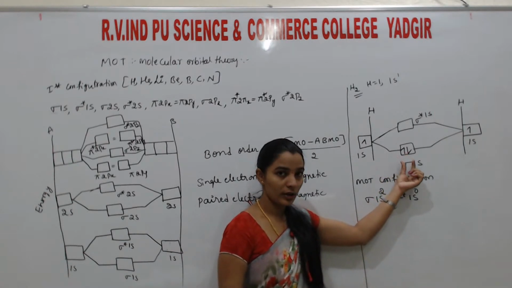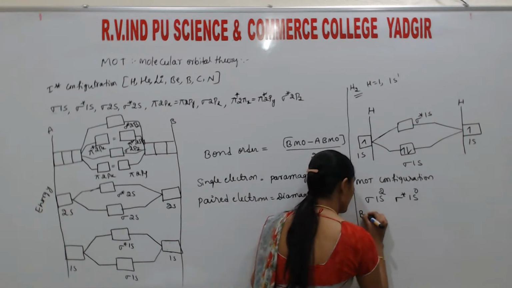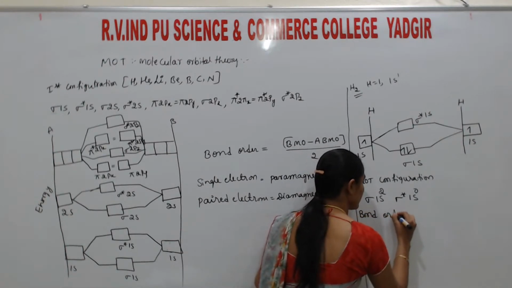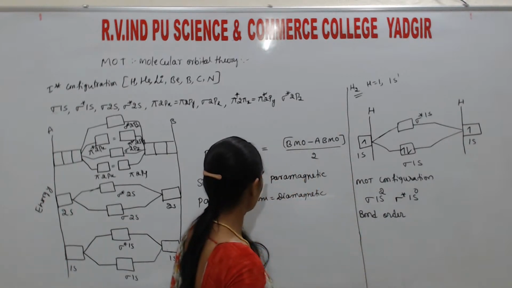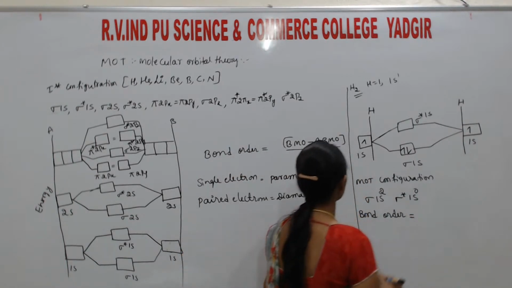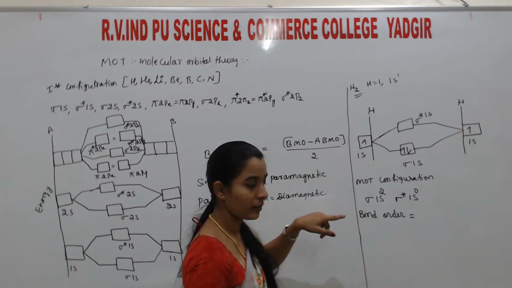Okay, this is molecular orbital theory. This is the configuration. Next one is bond order. How to calculate bond order? Electrons in bonding molecular orbital minus anti-bonding molecular orbital.